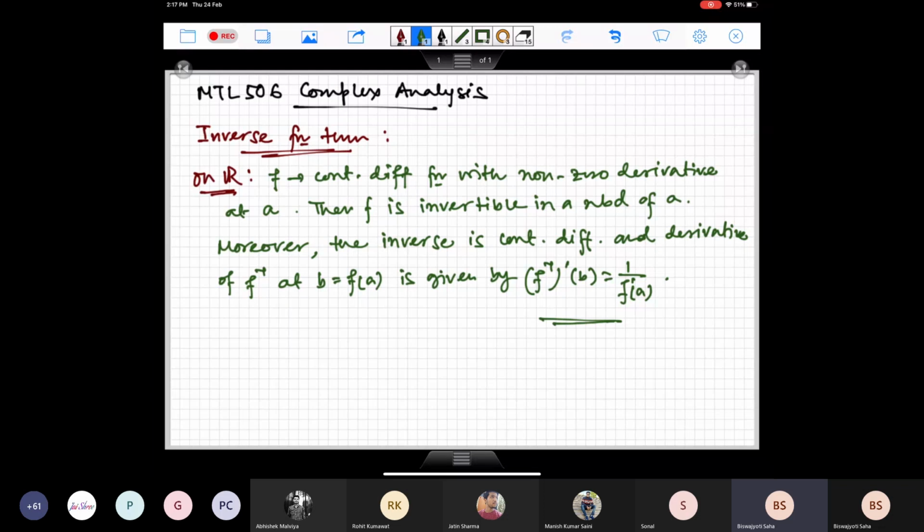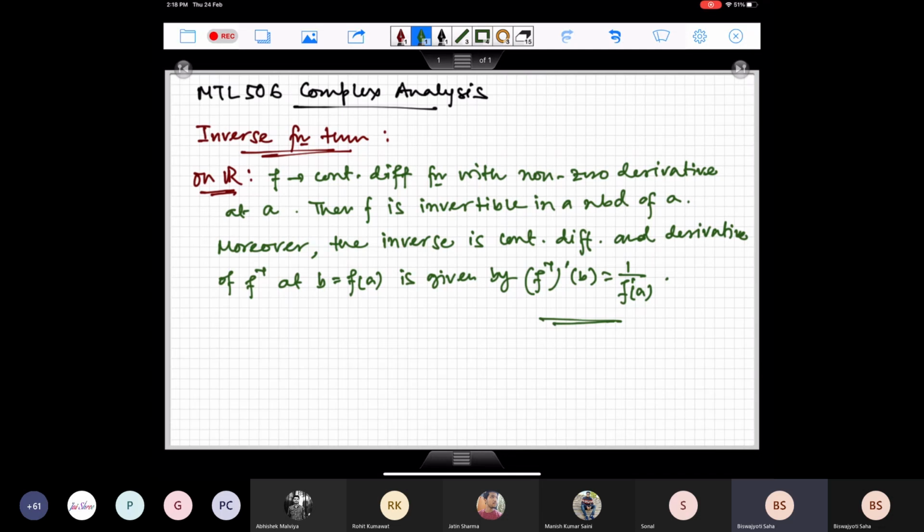Now you see this non-zero derivative is to ensure that the function is locally injective. Because here I am saying that the derivative is continuous, and if it is non-zero at a point a, then in a neighborhood of that point a, f prime, since it is continuous, will also be non-zero.